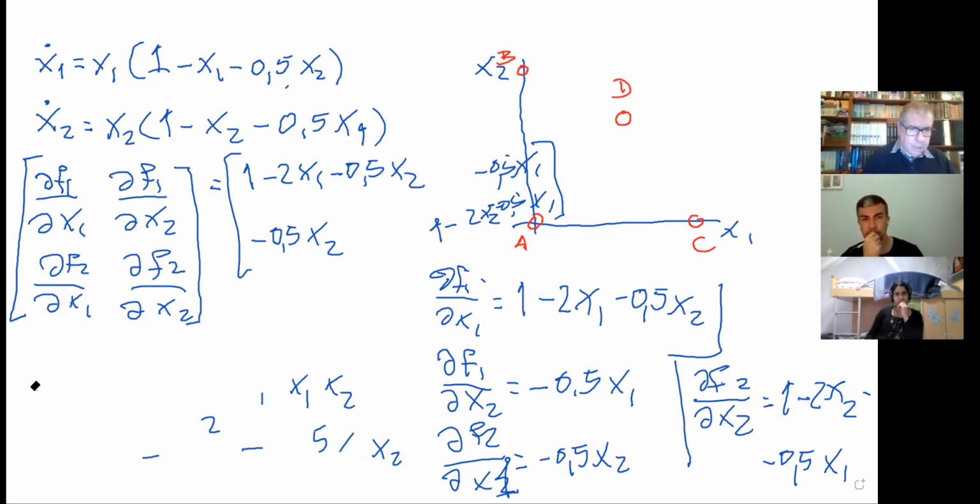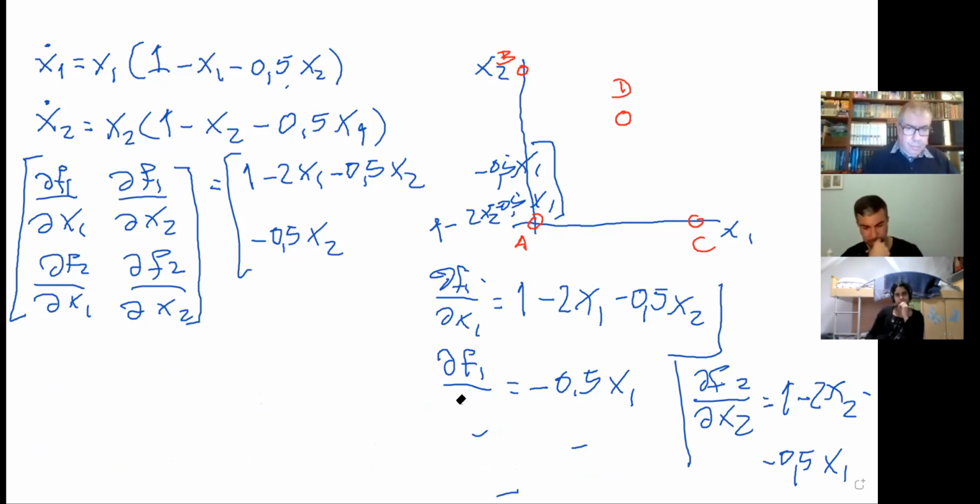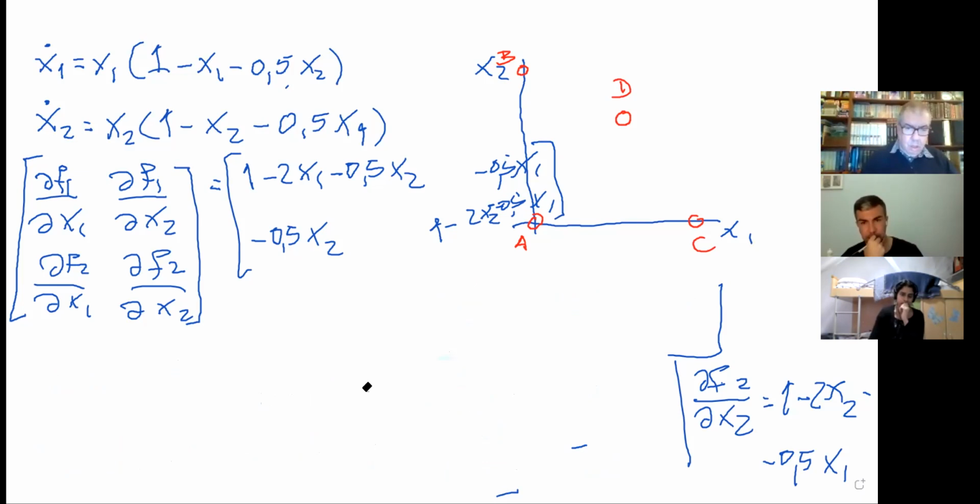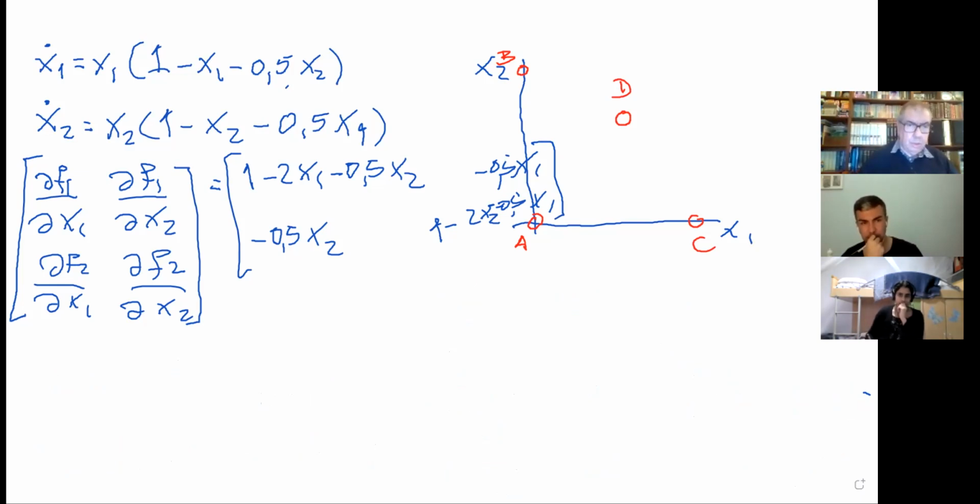Now for point A, the origin, what does this reduce to? Identity matrix.